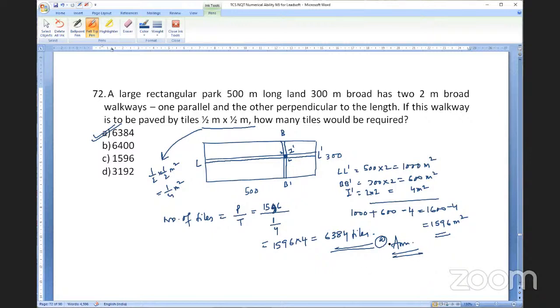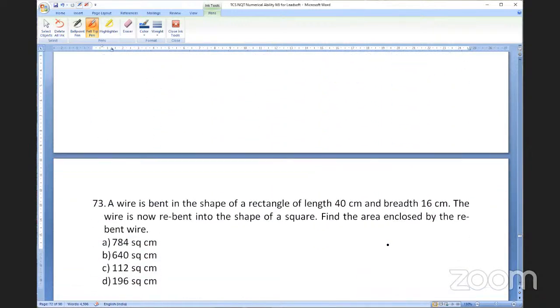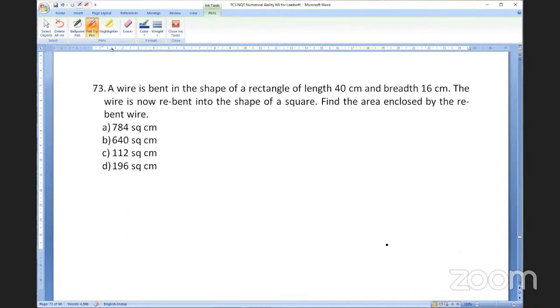Okay. Let's check the next one. Anjali, Shabia, Soumya, give it a try. Another one on your screen.